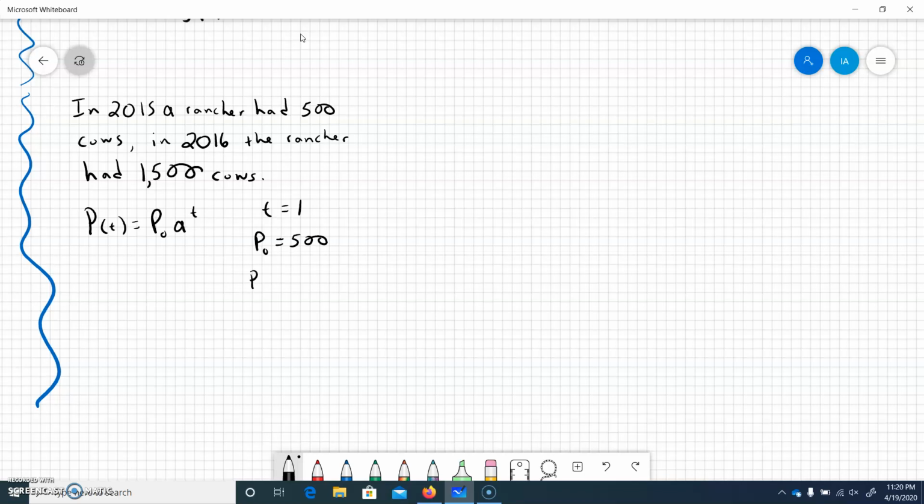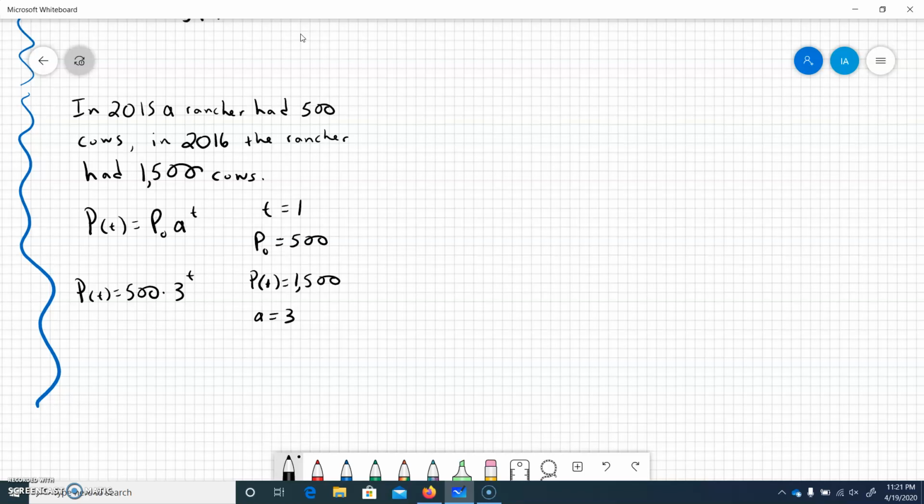We know that after that 1 year, we ended with 1,500. Well, what happened to our number of cows in 1 year? It tripled. So a would be 3. That would be our rate. So basically, as a function, this would be P of t equals 500 times 3 to the t.